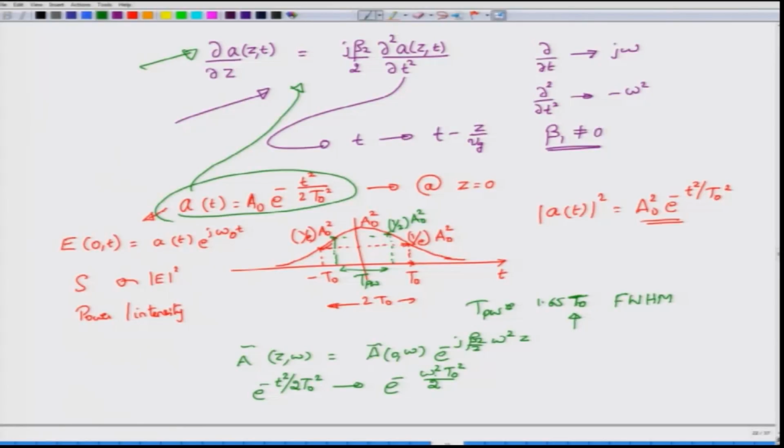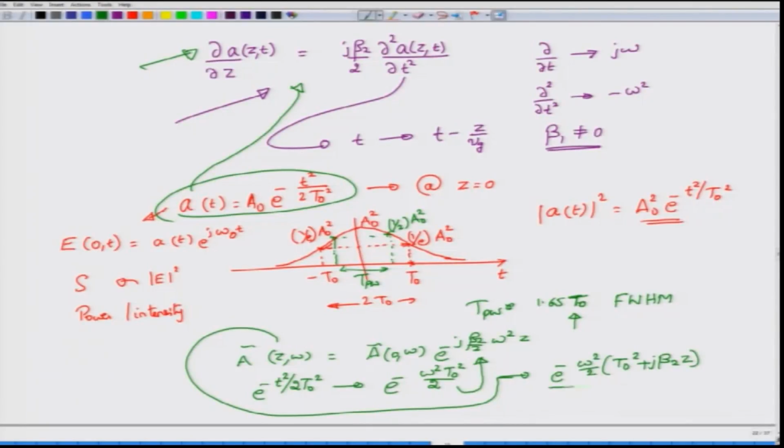When you take this Fourier transform and multiply it by e to the power minus j beta 2 by 2 omega square z, what you will get is e power minus omega square, which is a common thing. In fact, omega square by 2 seems to be common, I am going to remove that one. What I have is t 0 square plus j beta 2 times z.